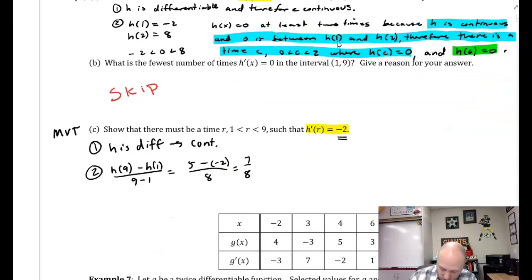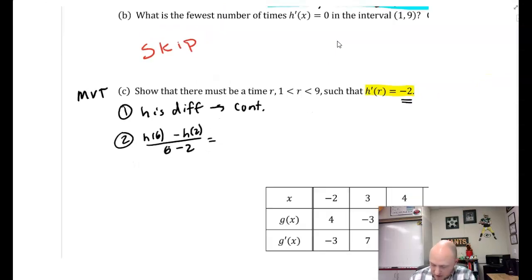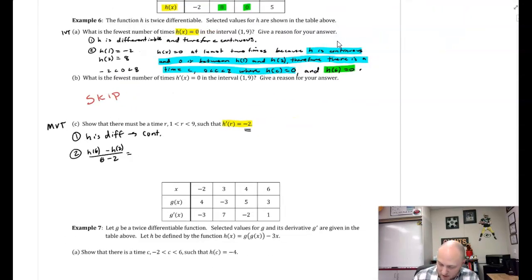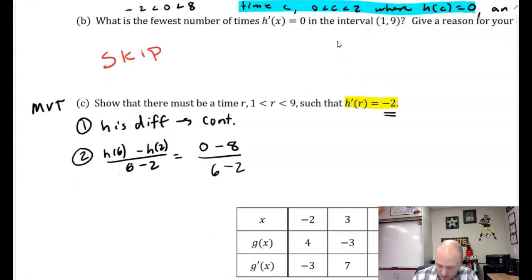So if I amend my average rate of change, I'm going to say h of 6 minus h of 2 over 6 minus 2. h of 6 was 0, h of 2 was 8, and I have it over 6 minus 2, which is 4.